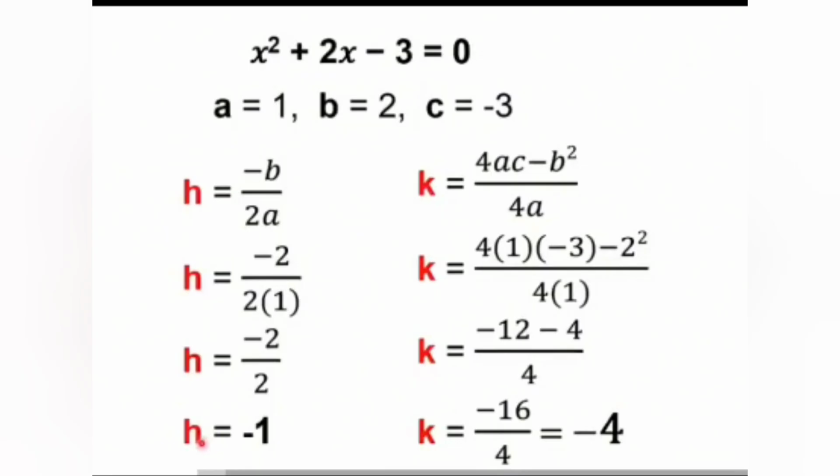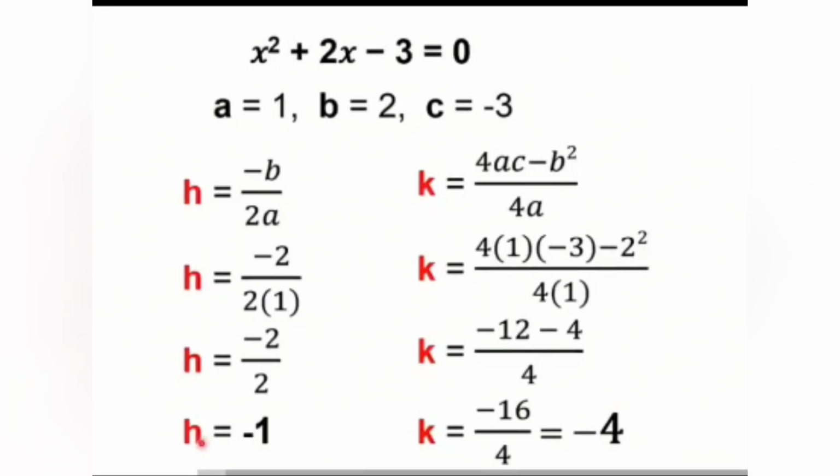And now let's move to the K. The formula of the K is K equals 4AC minus B squared over 4A. Now let's substitute the values: K equals 4 times 1 times negative 3 minus 2 squared over 4 times A. Then do the math: 4 times 1 is equivalent to 4, and 4 times negative 3 is equal to negative 12.